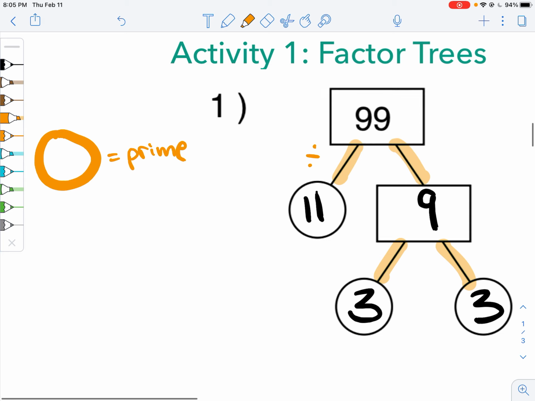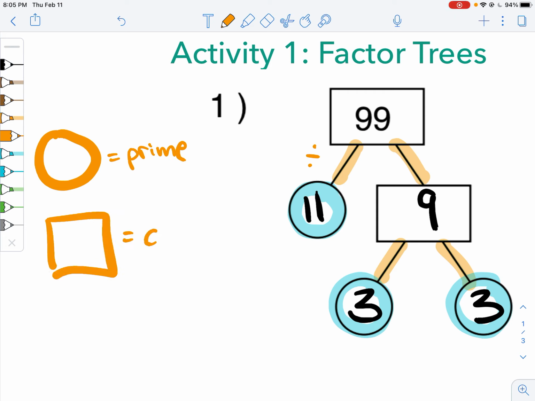You always want to circle a prime number. So prime numbers are 11, 3, and 3. And then you always want to put in a box numbers that are not prime. We call those composite numbers. Just think not prime.